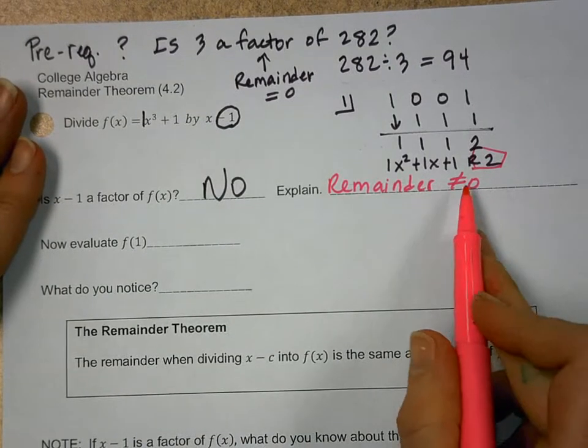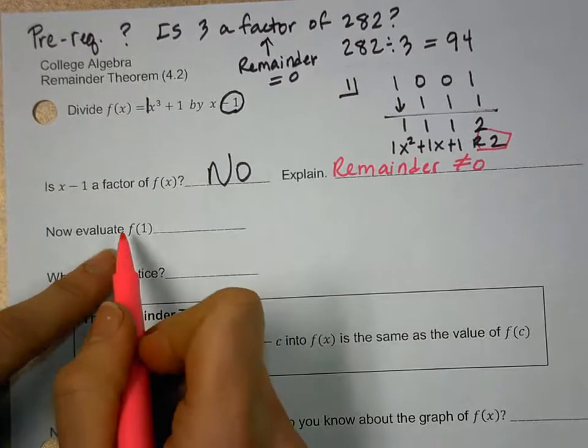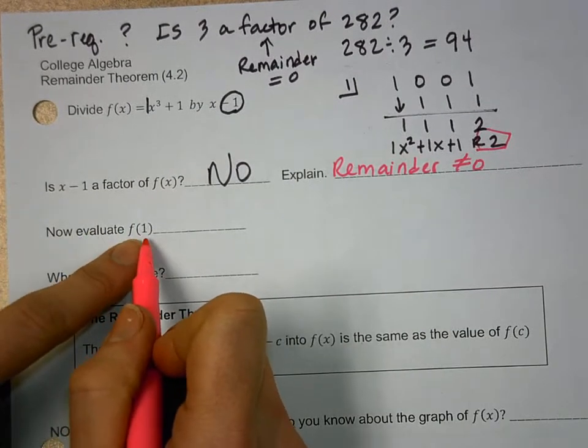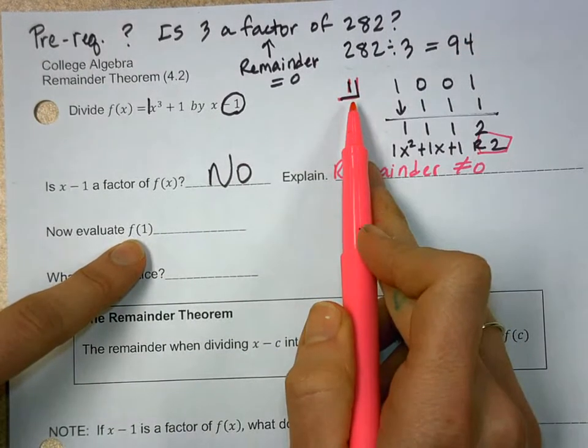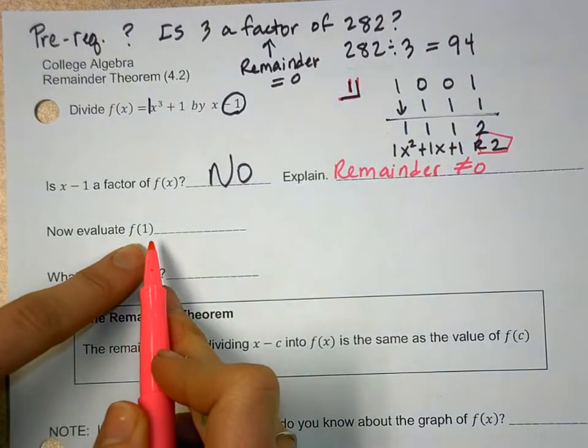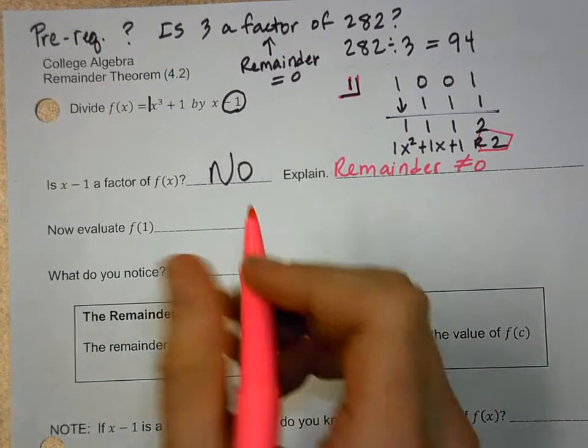Okay, now I want you to see something that's actually also kind of cool. Look at the next question. It says evaluate the function at 1. Notice I put 1 here for synthetic division. Now I want you to just try to evaluate the function at 1. So go ahead and do that with your partner. Probably be pretty quick.